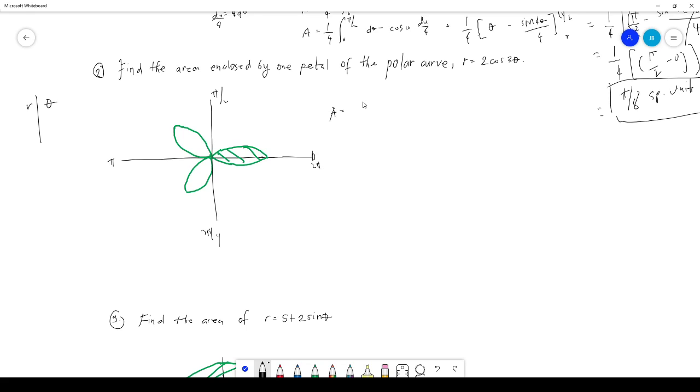So finding the area of the region bounded by one petal here, which is this one, it's just similar. So area is equal to 1/2 integral from alpha to beta of r squared d theta. The problem is, what would be our limits, since we started here from this region, and also from this.